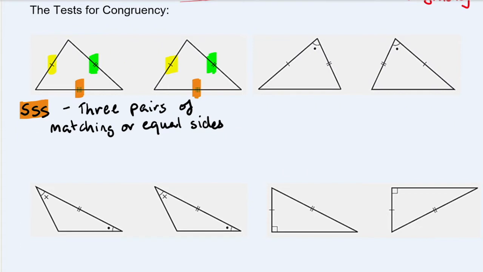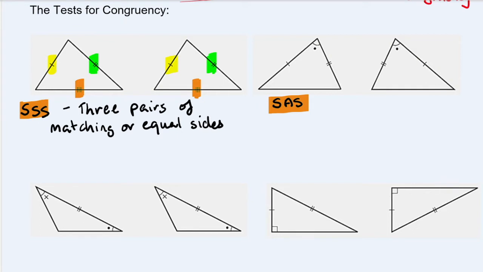Our next test is called SAS. Now, we're not talking about the Special Air Service or the TV show or whatever. SAS is for side, angle, side.